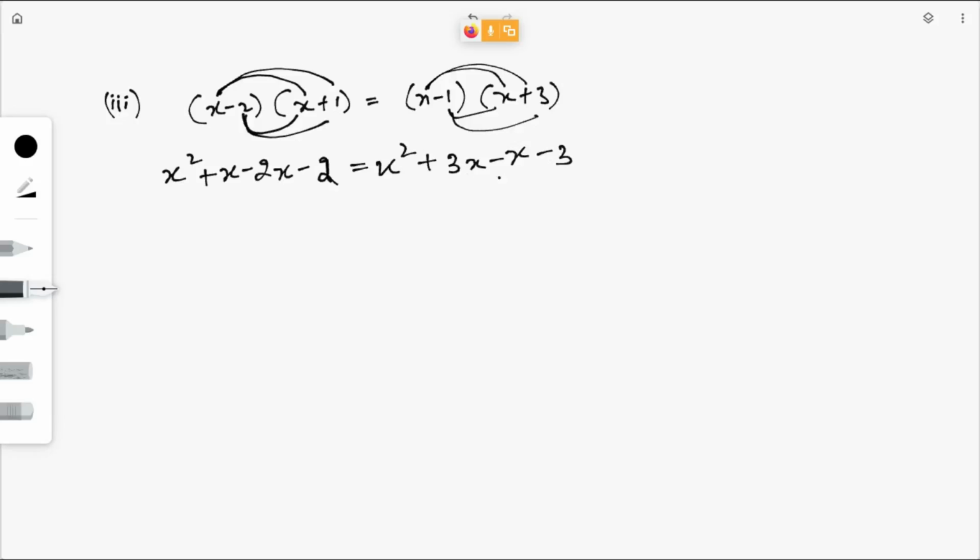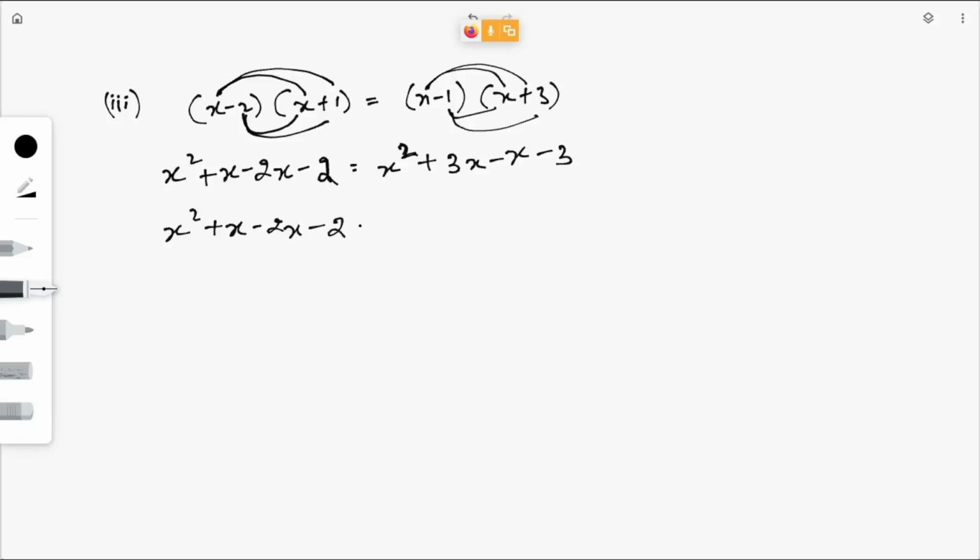Now take all these terms from the LHS to RHS. So what we will get? x square plus x minus 2x minus 2.